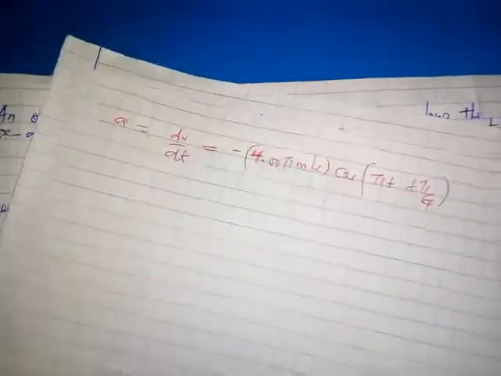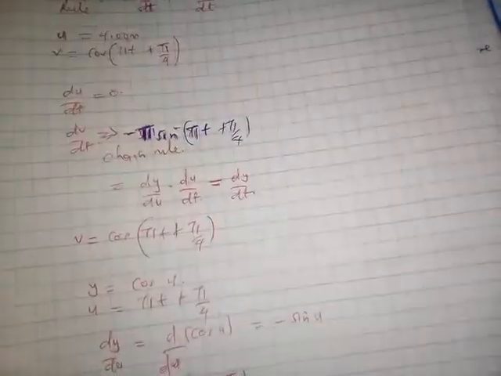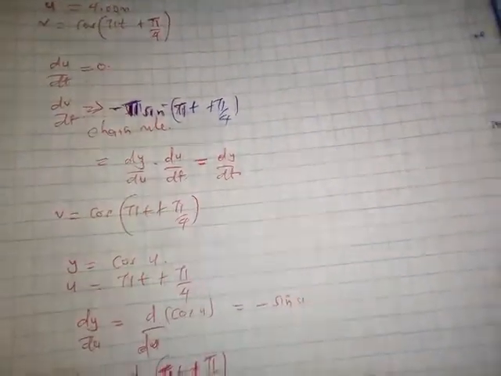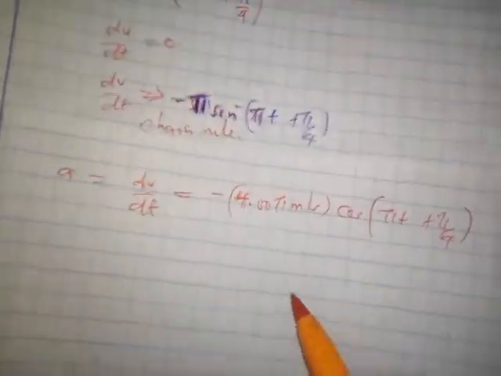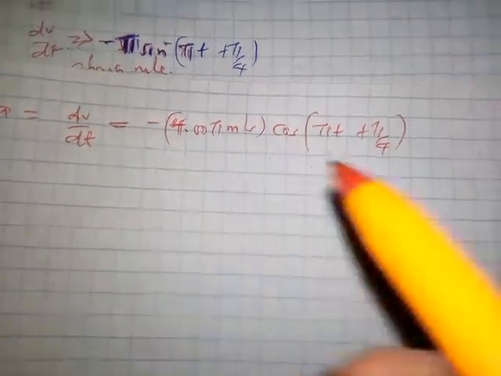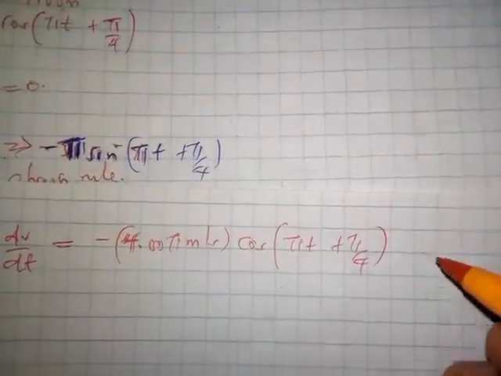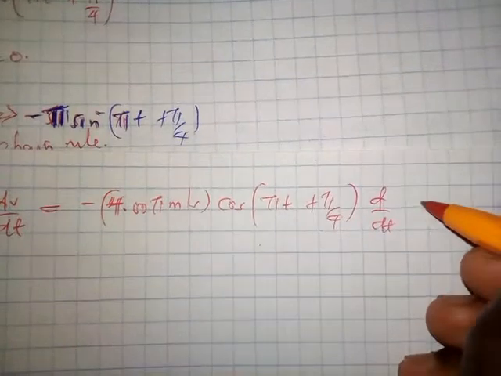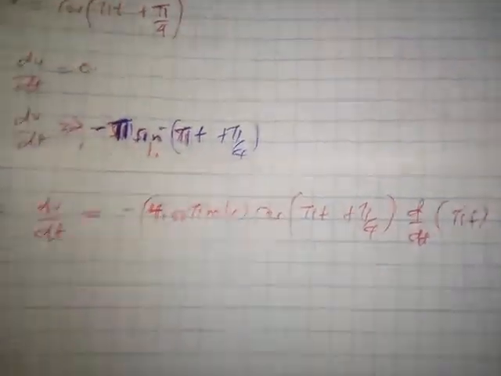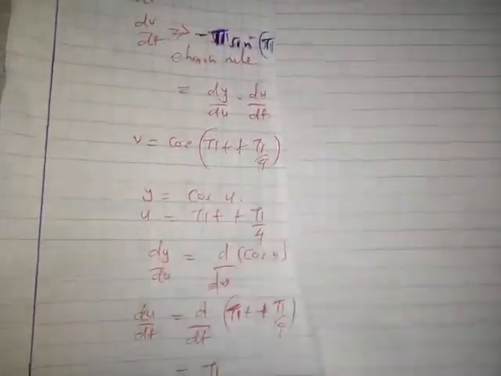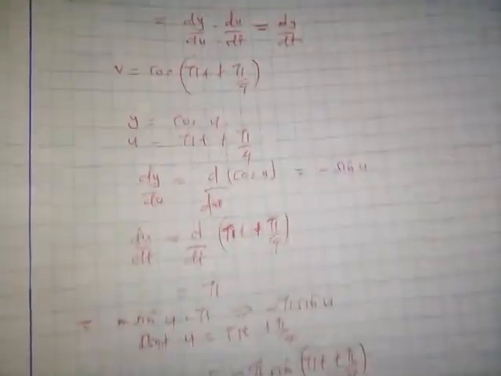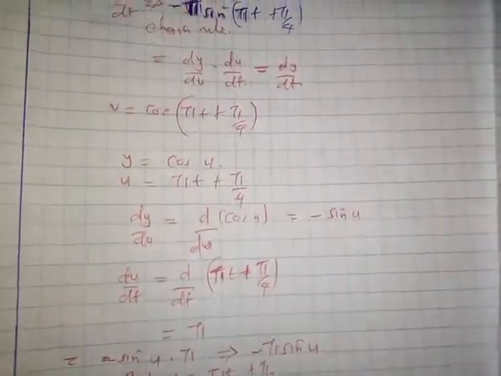After doing all this, as we have done for velocity, if we differentiate this velocity we will get the acceleration. I don't want to repeat all that process, since I have shown you how to differentiate using the product rule and the chain rule, so you can apply the same for acceleration.